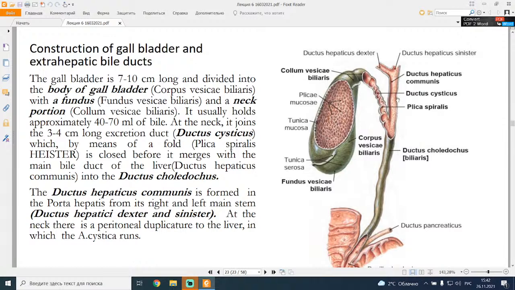At the neck there is a peritoneal duplicate to the liver in which the arteria cystica runs.